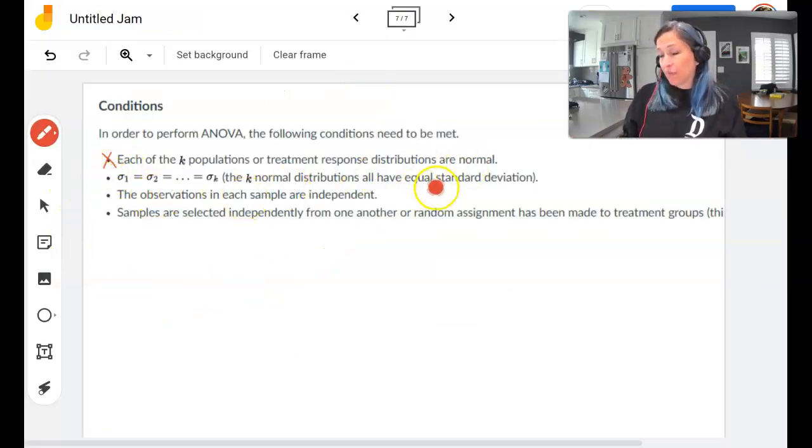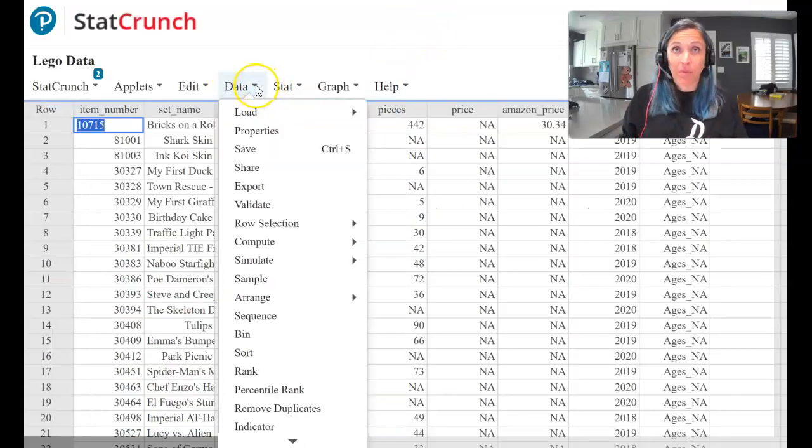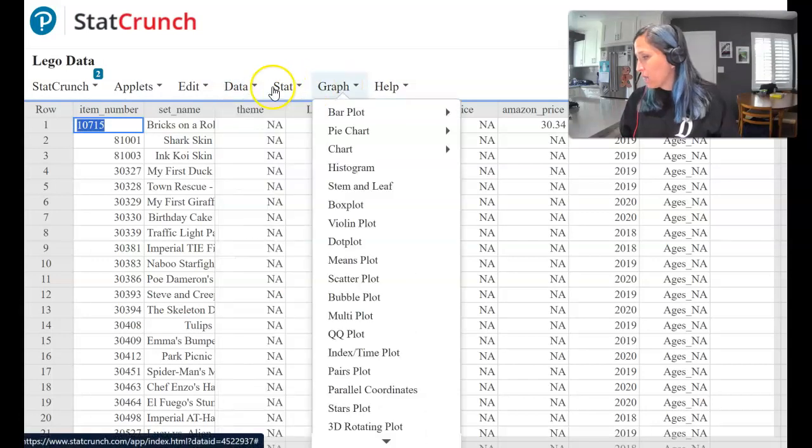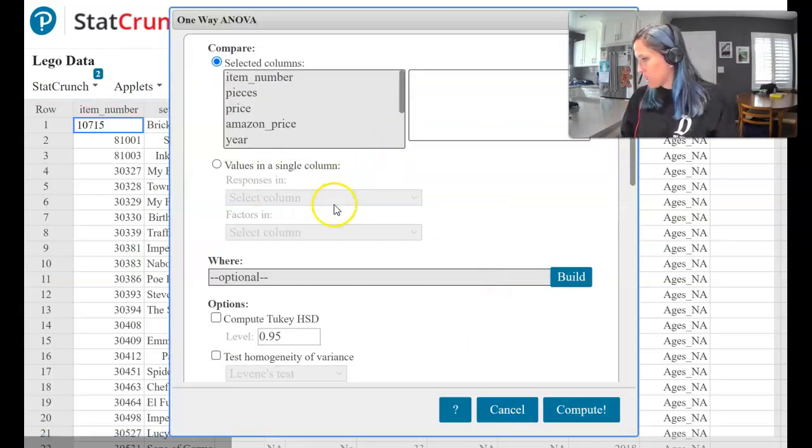All right, so let's see if maybe we get the second one. They have an equal standard deviation. There's as much variability for each of the types of sets in terms of price. To test this, it's actually something that's going to happen with our ANOVA. We'll go to stat, ANOVA, one way. This is going to be a pain. Okay, so we still need our larger sets.